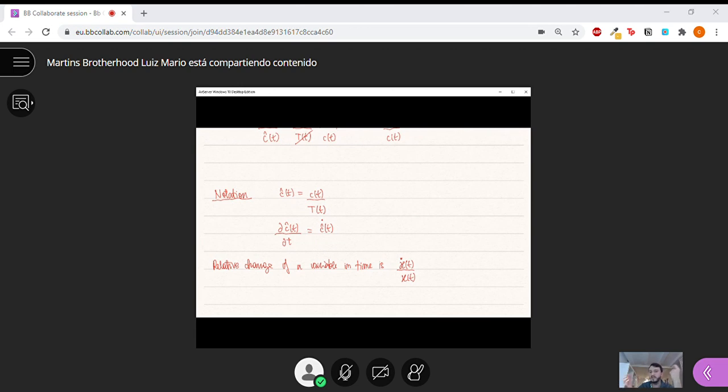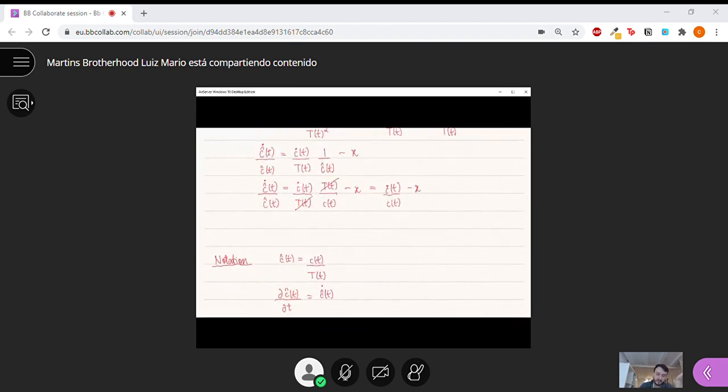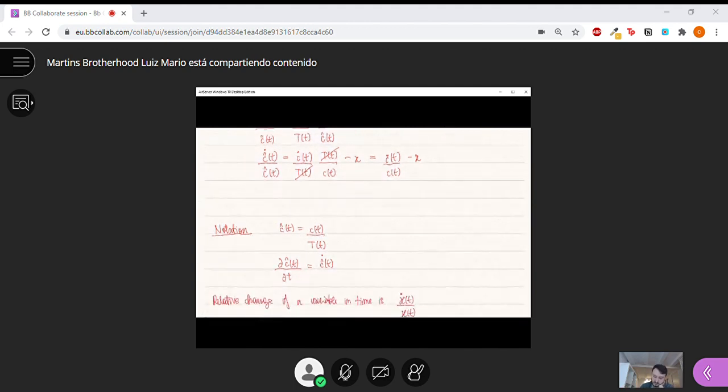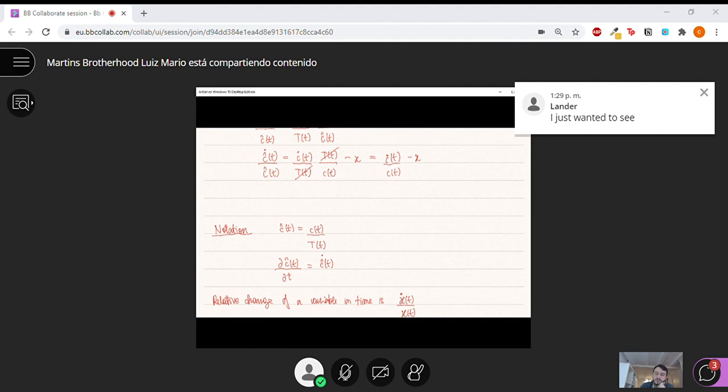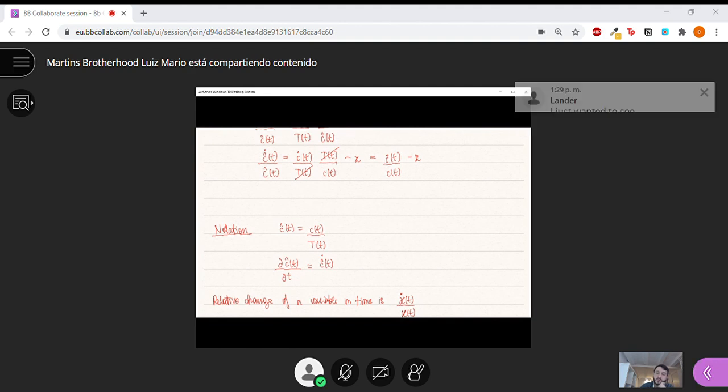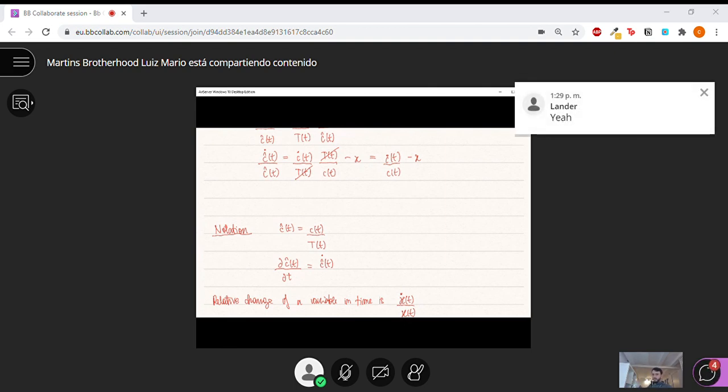The percentage change in continuous time is x dot over x. So the relative change of c hat is c hat dot over c hat. You just make x equal to c hat here. Is this your question, Lander? So c hat dot, right? That's your question?